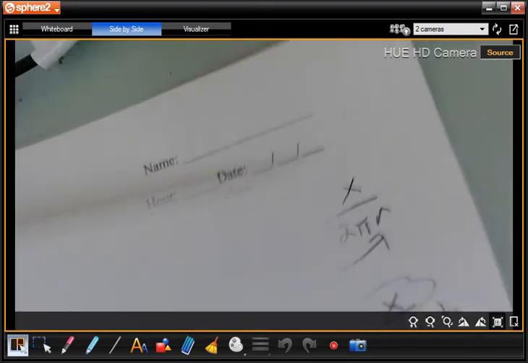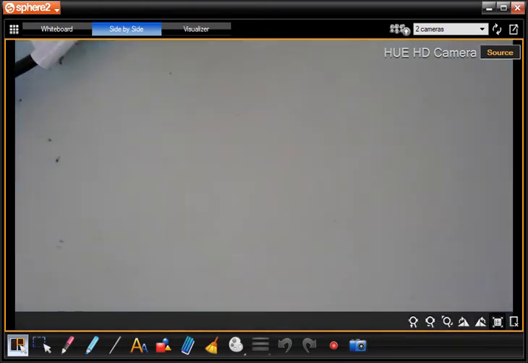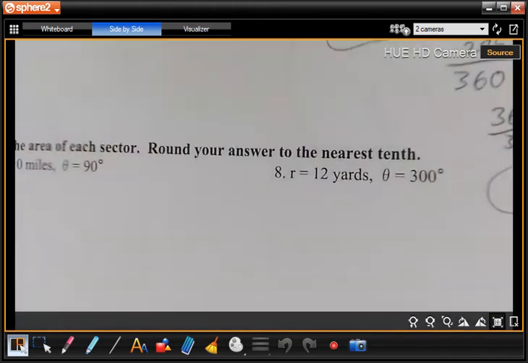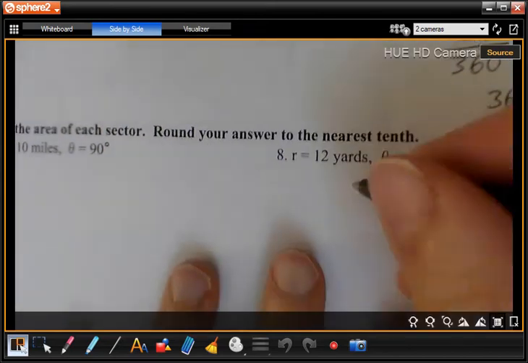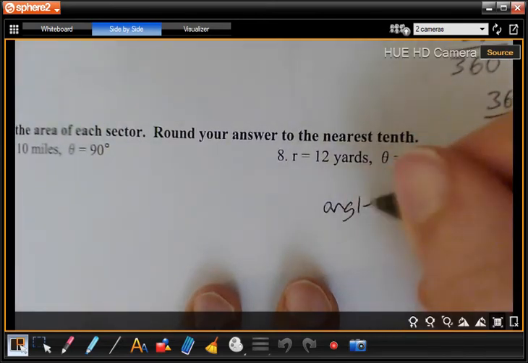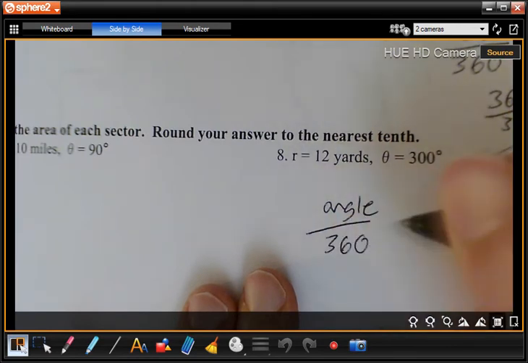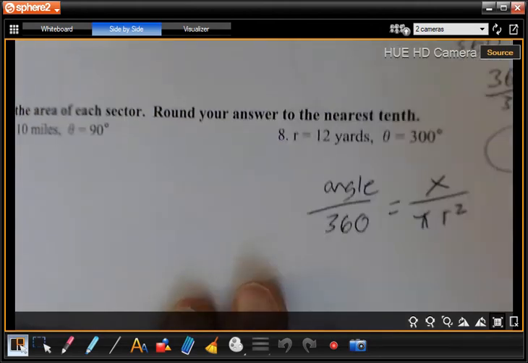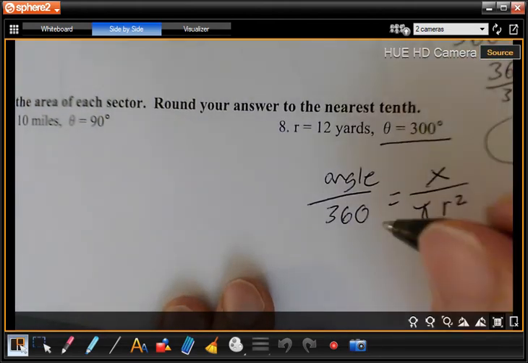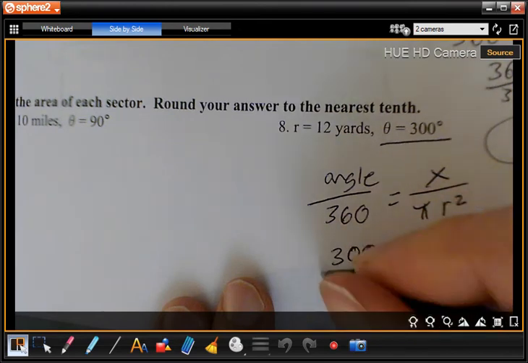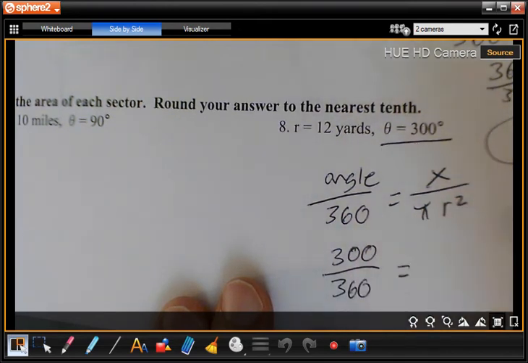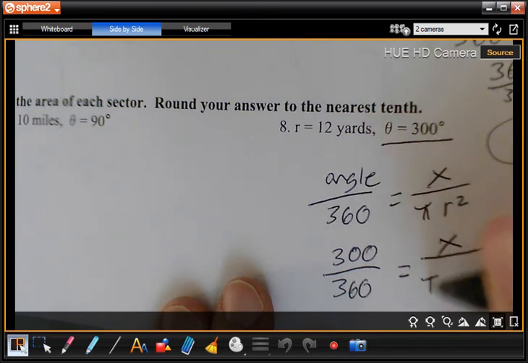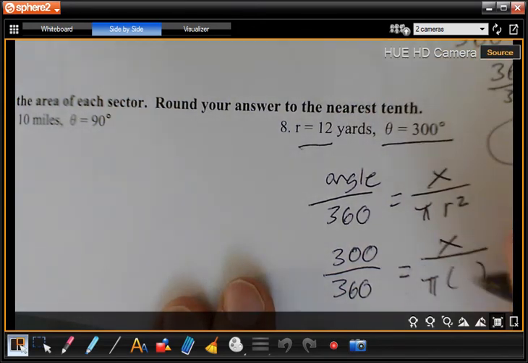All right, we're going to go back and look at number 8, because I wanted to do one with a picture and then one without for area. So we are looking at number 8. Again, I want to do my angle over 360 equals x over pi r squared. So here's my angle, 300. So I'm going to replace that over 360 equals x, my unknown, over pi, r is 12 squared.